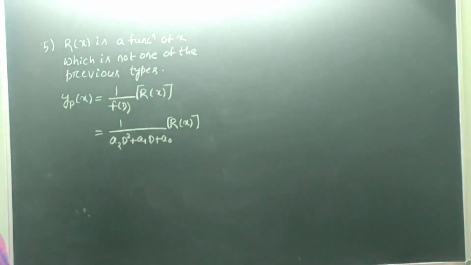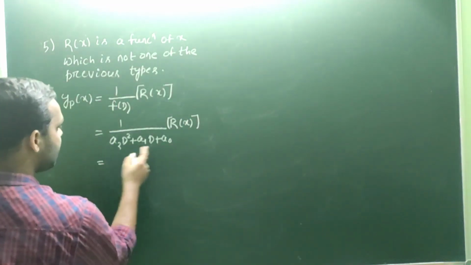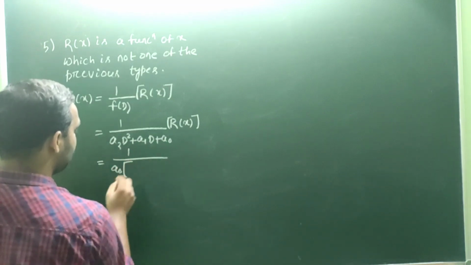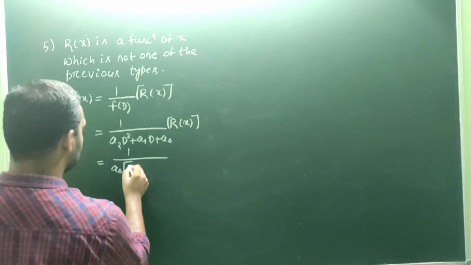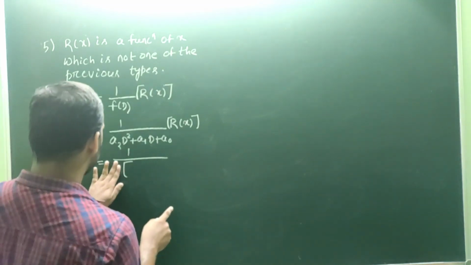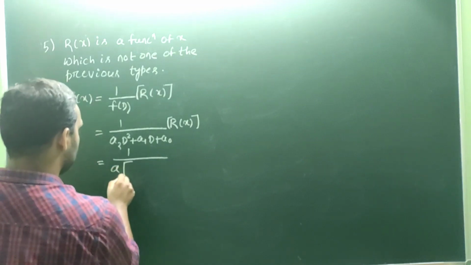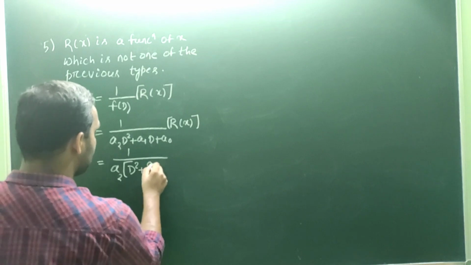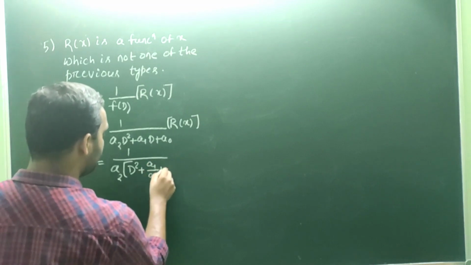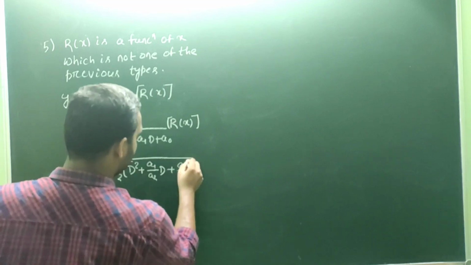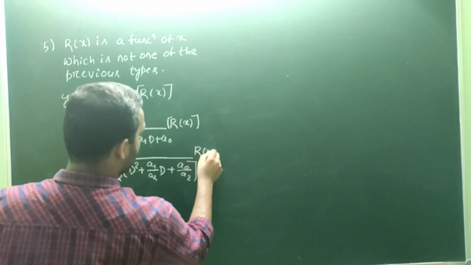Right? Let's take a2 common here. This will be D square plus a1 divided by a2 D plus a0 by a2 into r(x).